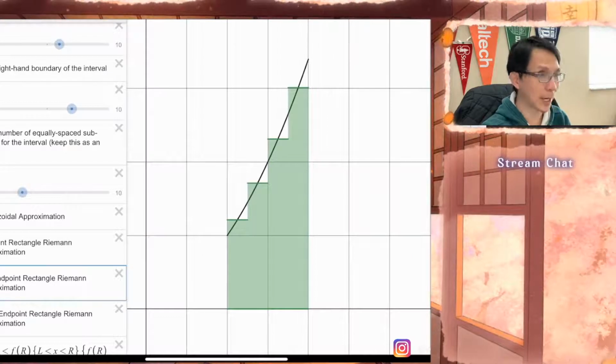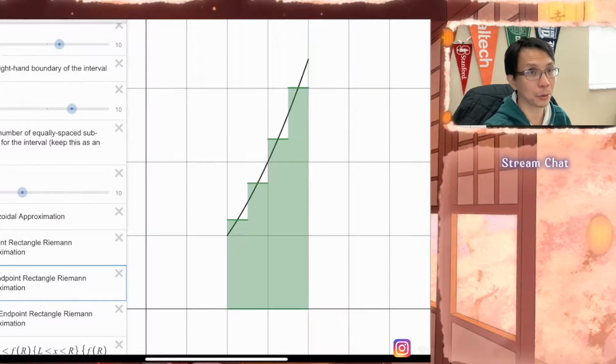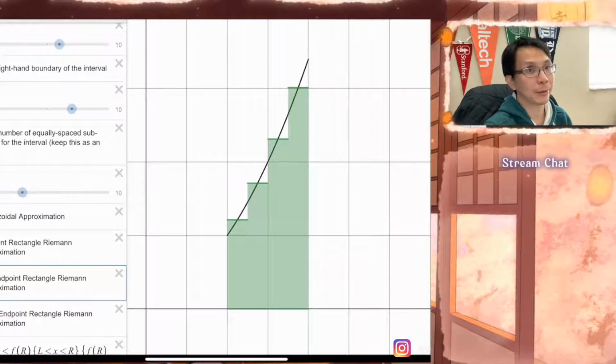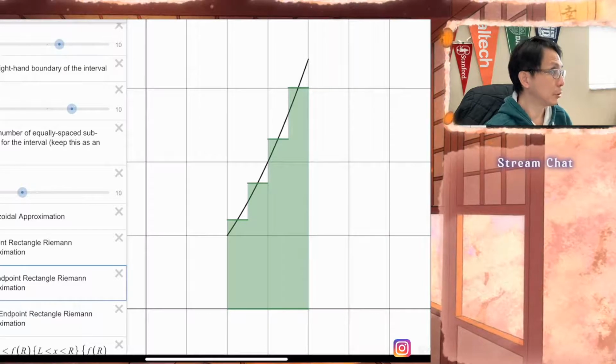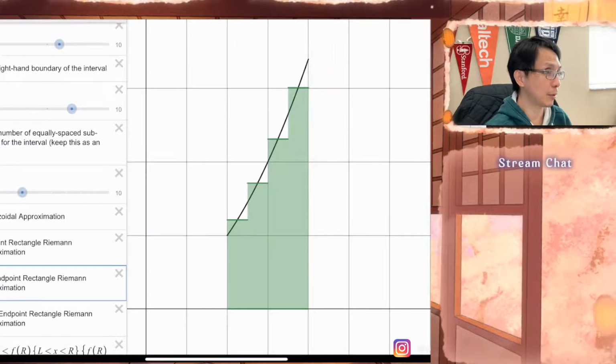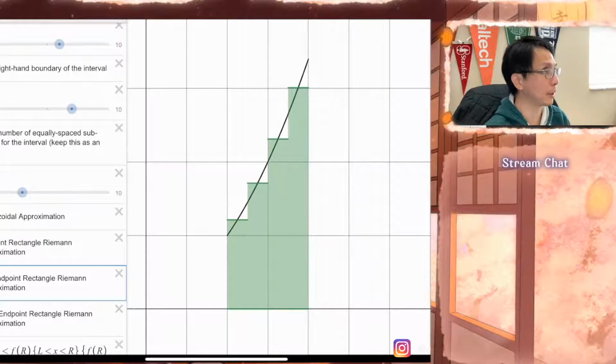Now, if you realize, I don't use 4. So for example, between 2 to 4, I will usually use 4, 3.5, 3, and 2.5 if it's the right end. If it's the left end, I will use 2, 2.5, 3, 3.5.